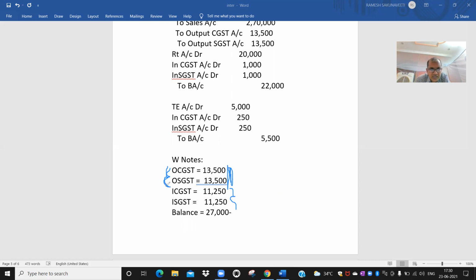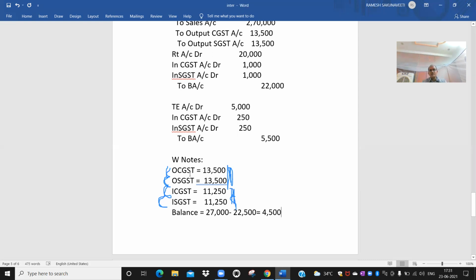Similarly, input CGST and input SGST, 11,250 plus 11,250 is 22,500. The difference between the two is 4,500. Note that down first. This is the working notes.